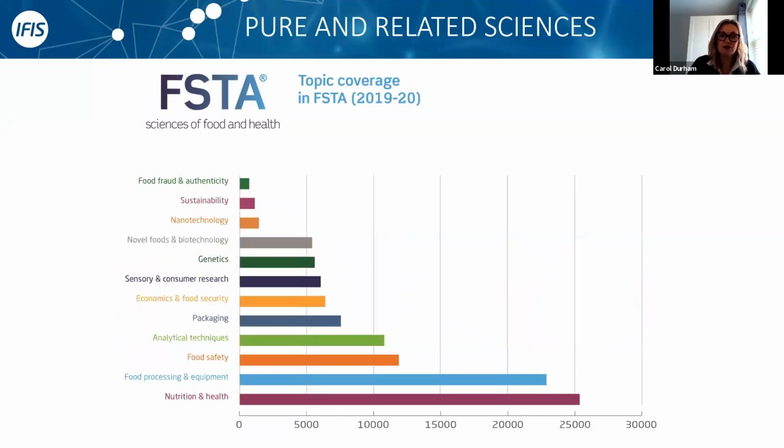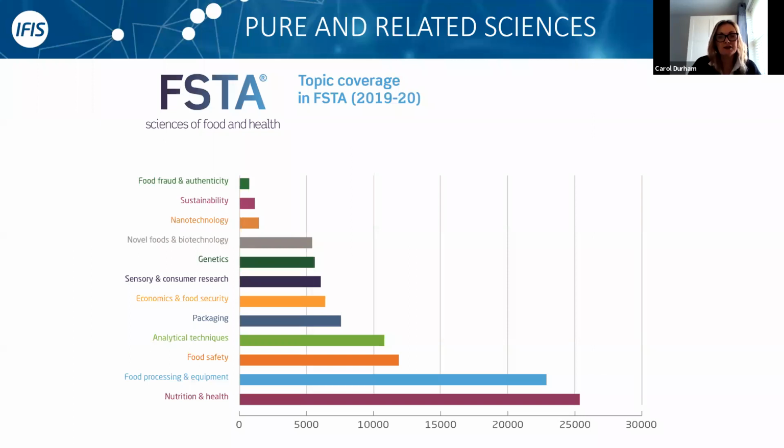In terms of content, you can see some of the more emerging content that's being included within FSTA in the last year. So you can see that we cover all different areas, but these are some of the more emerging areas that are being published in FSTA.